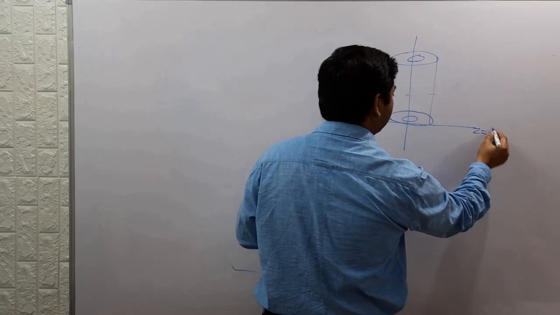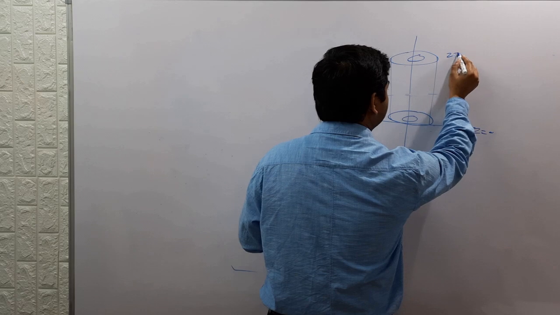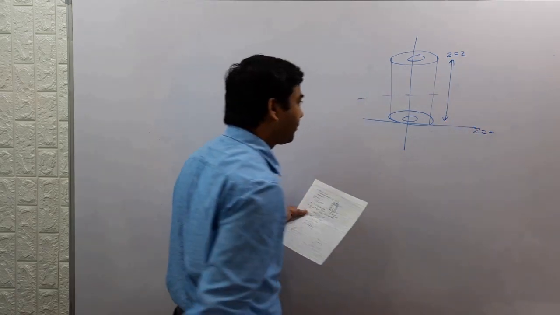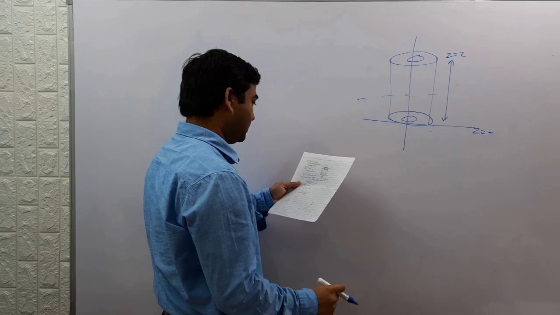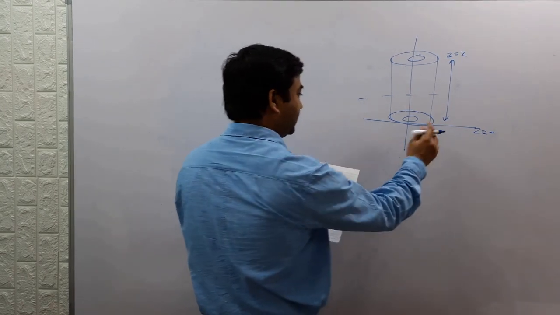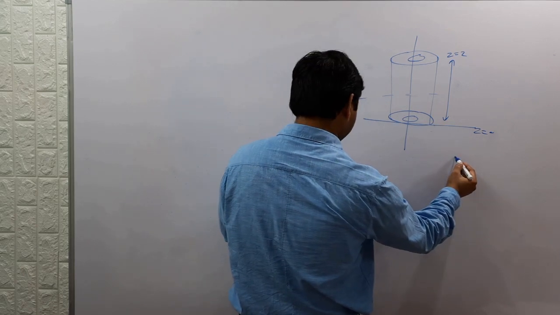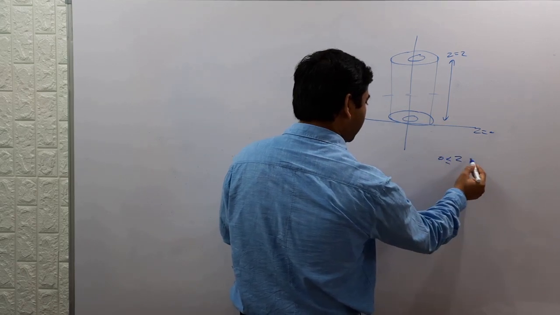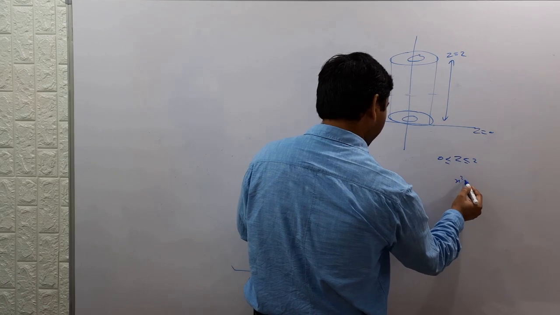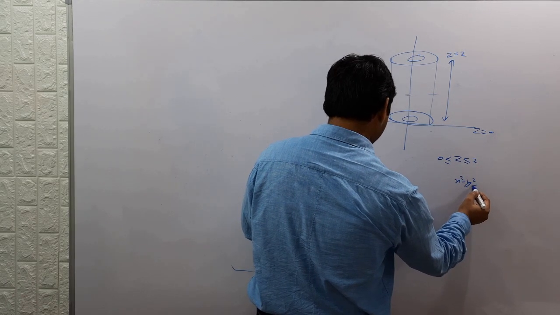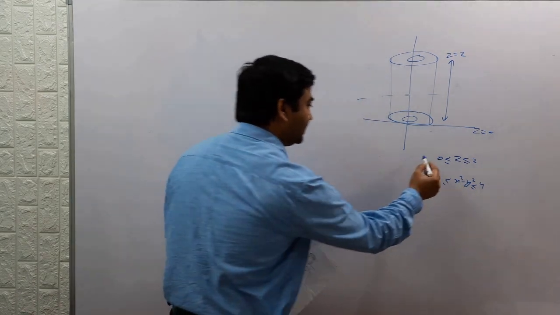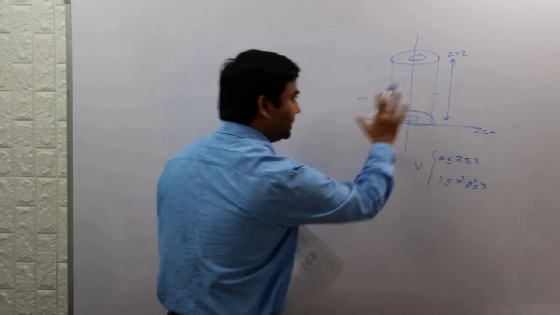This is z equal to 0 and its height is z equal to 2. The volume of this cylinder is represented by z greater than 0, z less than 2, and x square minus y square less than or equal to 4 and greater than or equal to 1. This is the way the volume of this cylinder is represented.